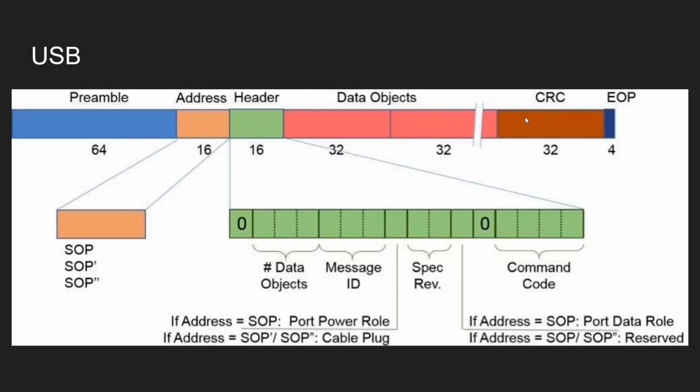And then CRC is error correction. It's to make sure that the bits you send are, with very high probability, the same as the bits you received. When we do the RF stuff, some of our bits will have to be CRC bits.